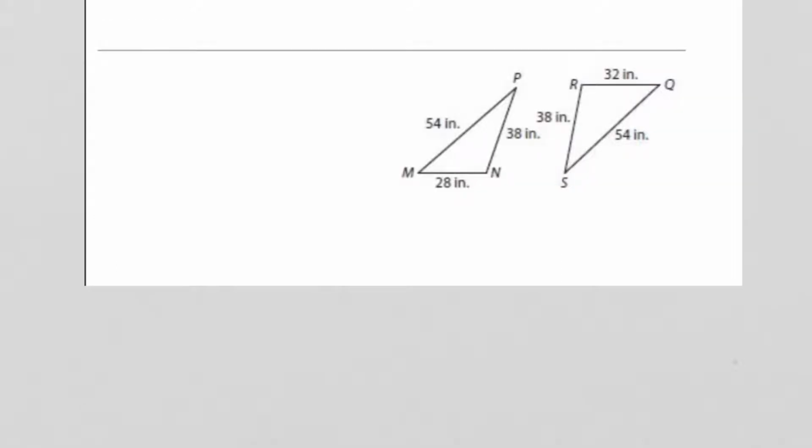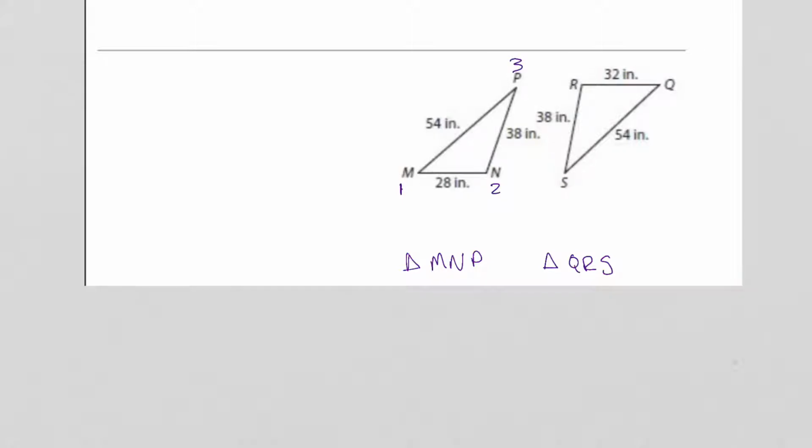In this next example, I'm just going to start by labeling it. So I've got triangle MNP, and I've got triangle QRS. And I do this because I want to know what corresponds to what.